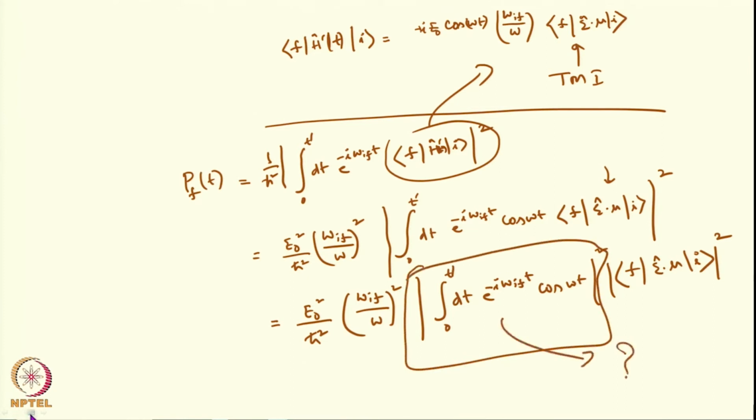Now, let us look at that integral. The integral 0 to t dt e to the power of minus i omega i f t cos omega t is something that I need to evaluate. Now, this integral is equal to 0 to t prime dt e to the power of minus i omega i f t cos omega t.